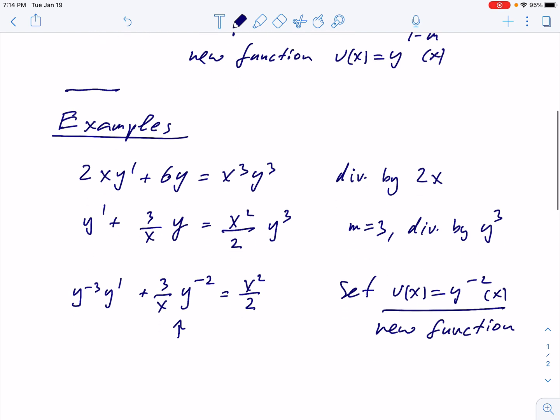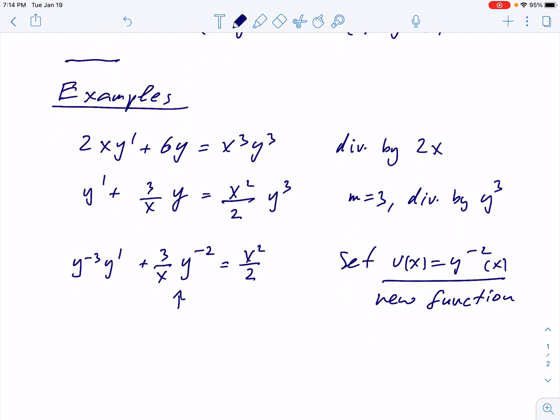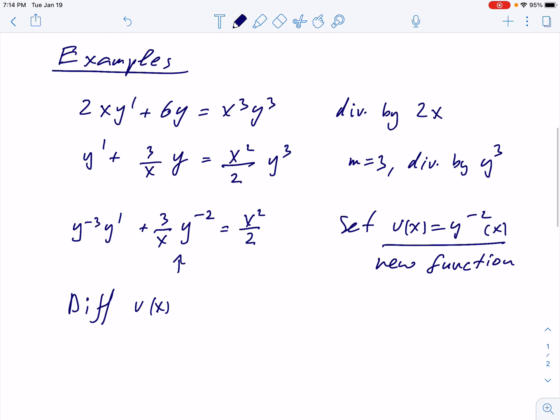Now, we want to rewrite the entire equation in terms of v. Here in this place, in the middle term, we put v. We have to find a relation between the derivatives of v and y in order to replace y prime. So we differentiate v of x. The result will be v prime equals negative 2 y to the negative third power times y prime by the chain rule.